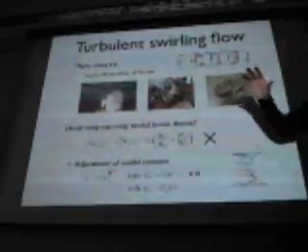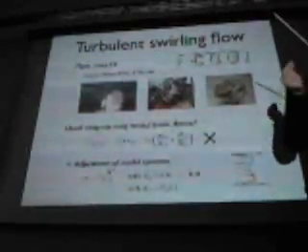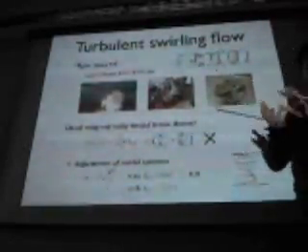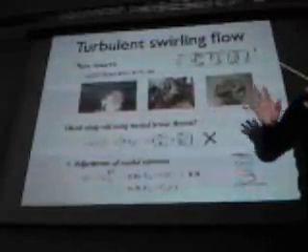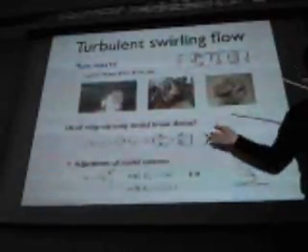Some engineering people consider Reynolds stress modeling, where they solve the equation for each of the six components of Reynolds stress. Even with such modeling, this type of flow is very difficult. In the Reynolds stress approach, we call it second-order modeling, we can treat the anisotropic effect, but still it's very difficult.